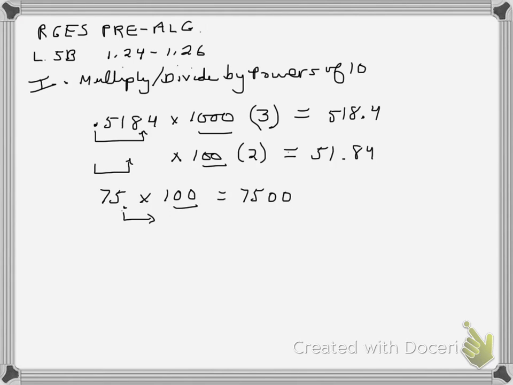You don't have to write the decimal point at the end, so you could just write 7,500.